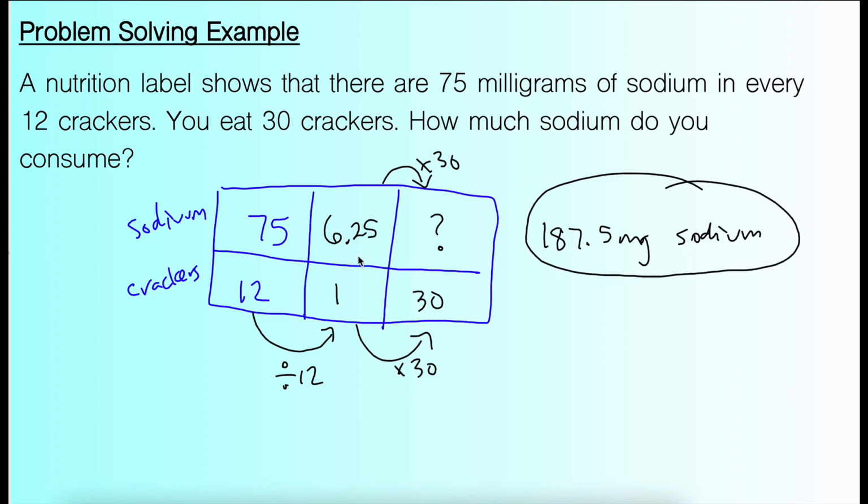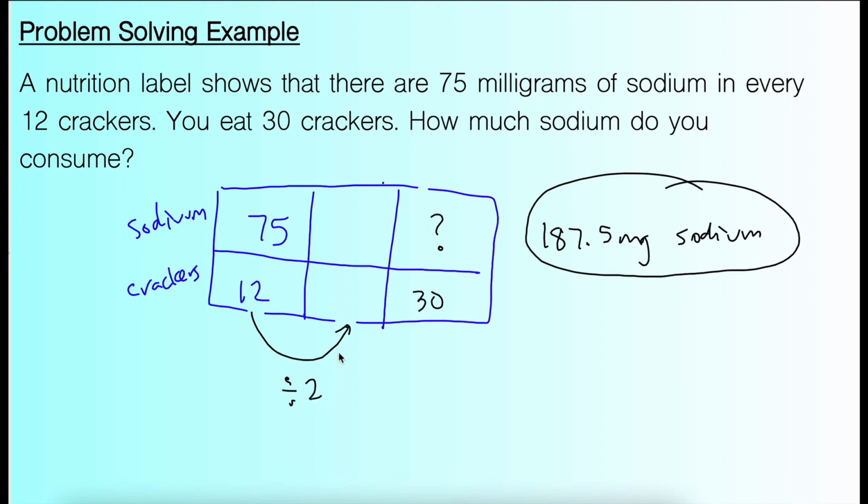Some of you might have seen a different connection, though, and the other way to do this, let me clear out my table, is instead of going down to 1 cracker, if you know your facts very well, you could have said, 12, if I divide that by 2, is 6, and I can get from 6 to 30 by multiplying by 5. So you see, you're looking for ways to connect to numbers in the table by keeping things equivalent.